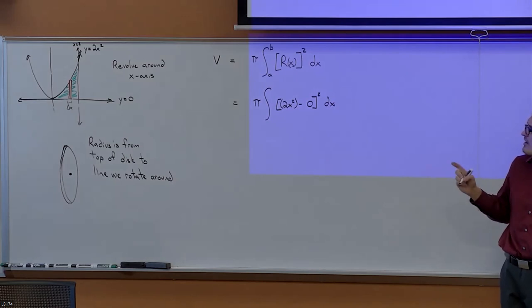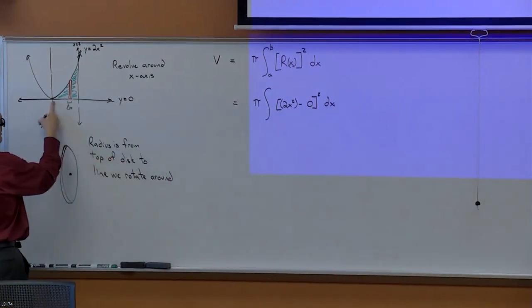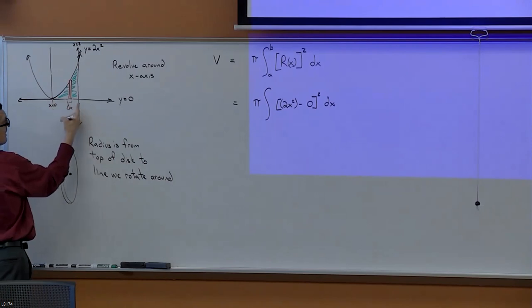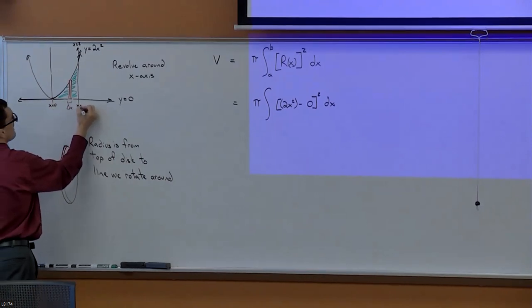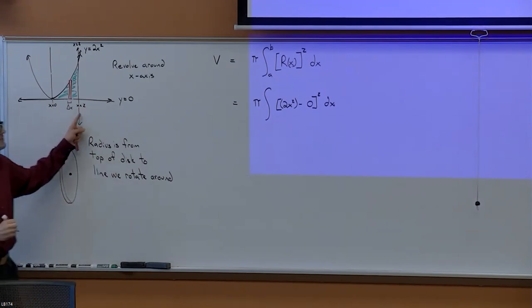And then I also have to figure out what the bounds are. Well, the bounds are going to be x values. In this case, the x value of the left-hand side of my region is 0. The x value of the right-hand side of the region is 2. So my x values go from 0 to 2.